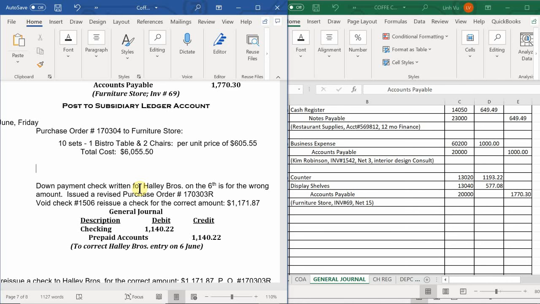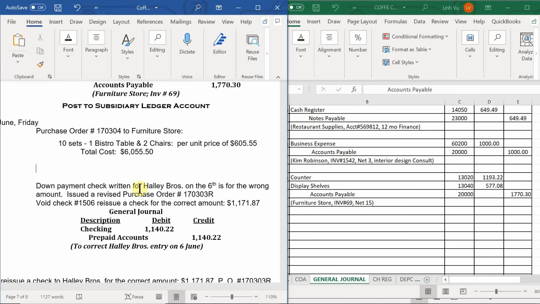So in this case, how should I do this? I want you to use the reverse and re-entry method. I made a mistake in my journal and I wrote them the wrong check amount because someone recalculated and found out that 1/3 is not 1140, it's actually 1171.87.